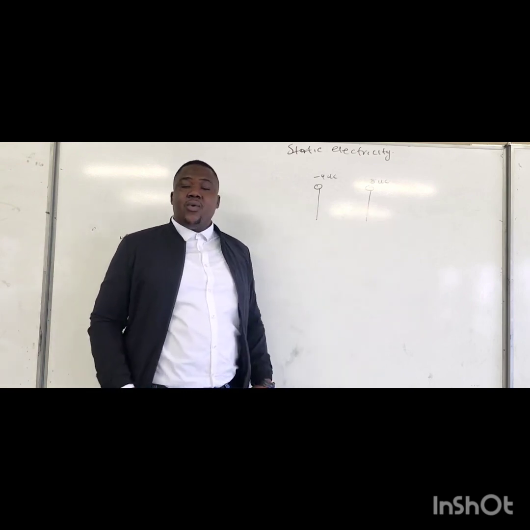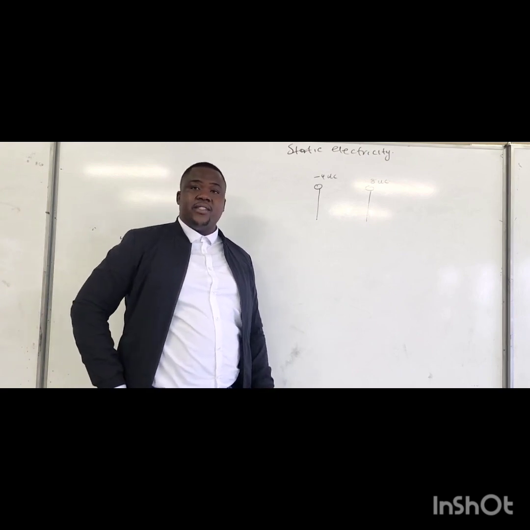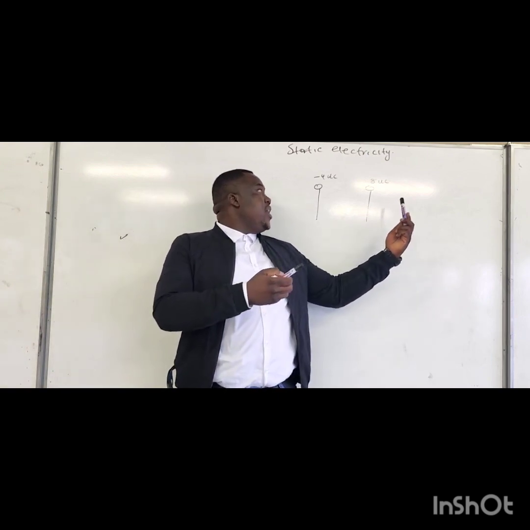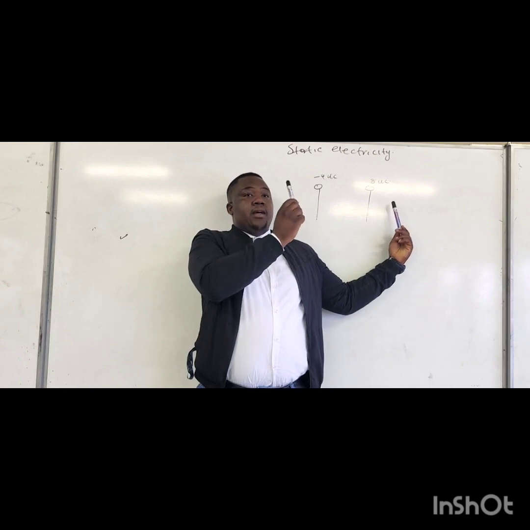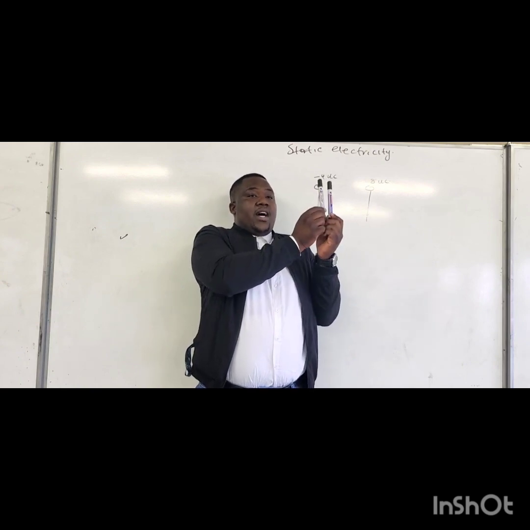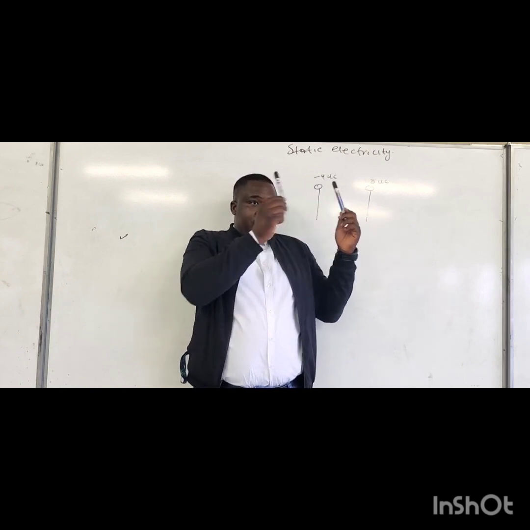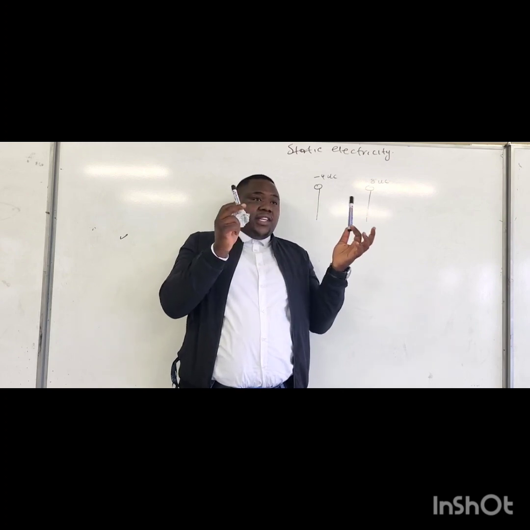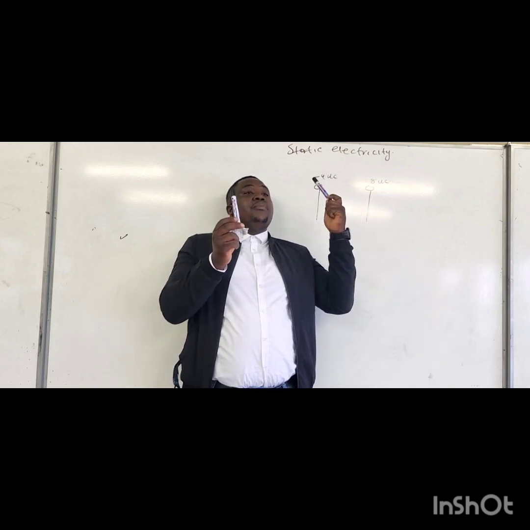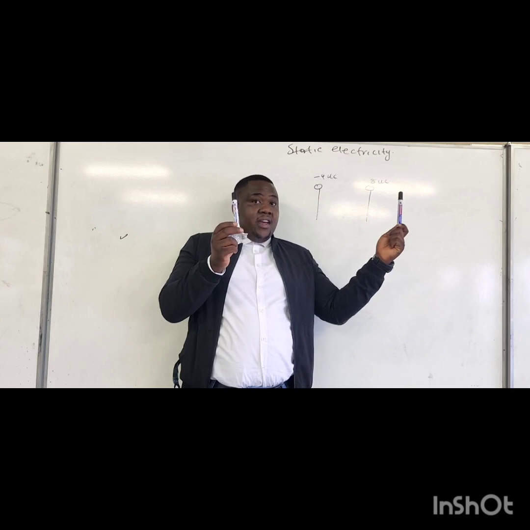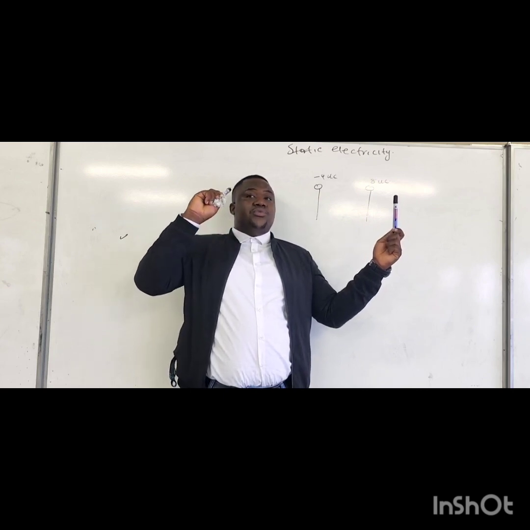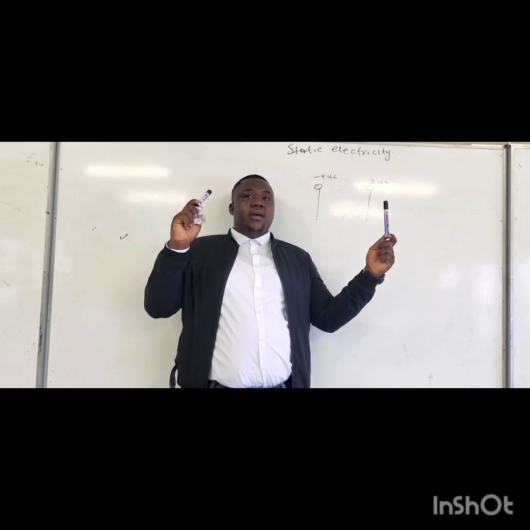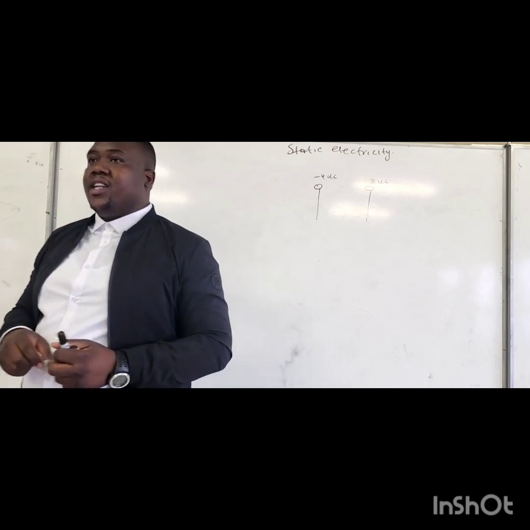So when we have two spheres, sphere A and sphere B, they are made to attach, then they separate. After separation, the charge on sphere A and the charge on sphere B will be equal. You understand, right?